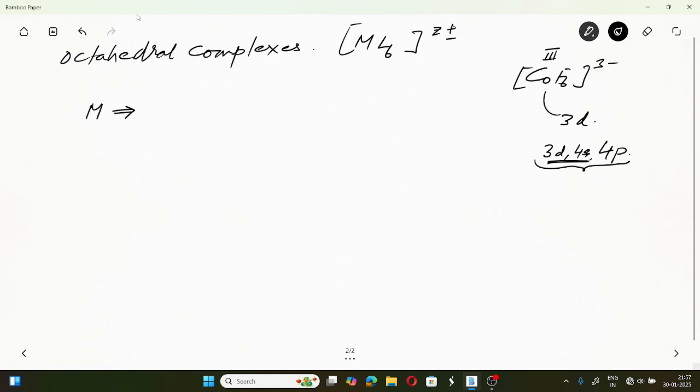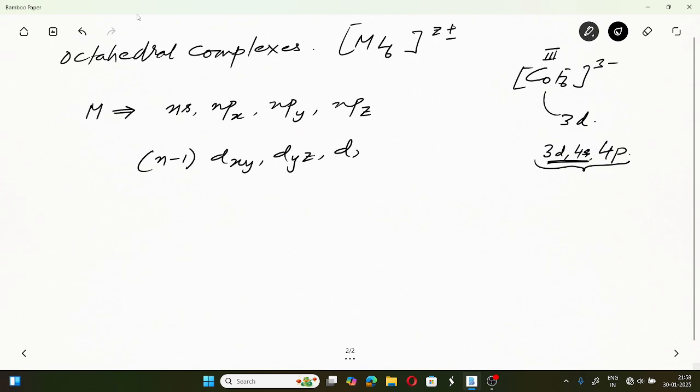If you generalize this, the orbitals which should be involved are ns, npx, npy, npz, and (n-1)dxy, (n-1)dyz, dxz, dx square minus y square, and dz square.